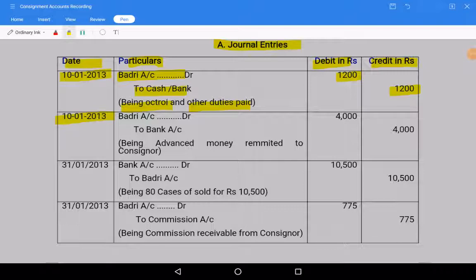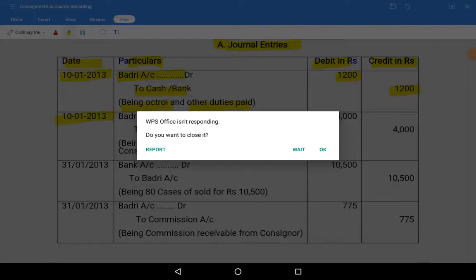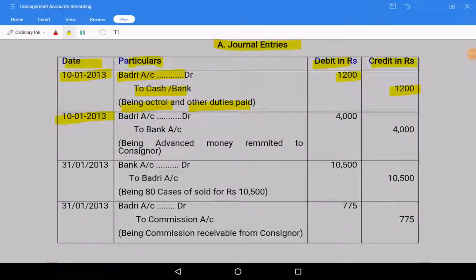For consignee it is payment. So Badri account debit to bank, as the amount is going out for him.